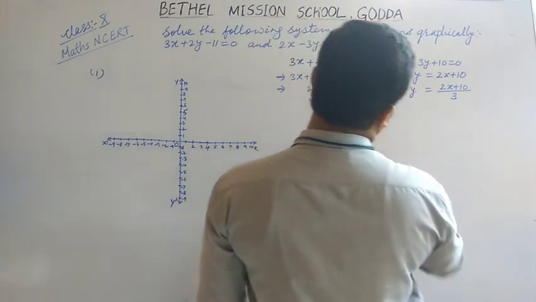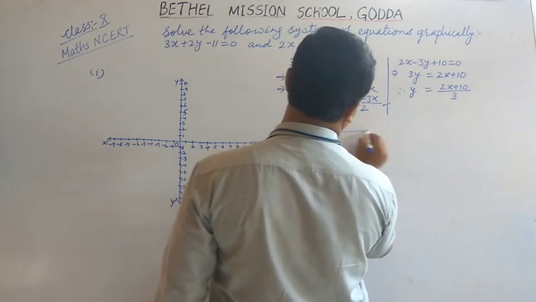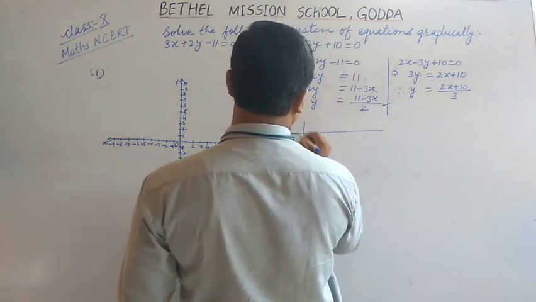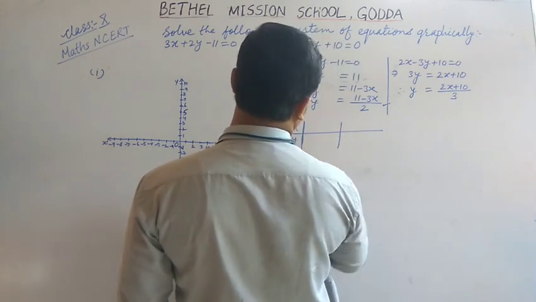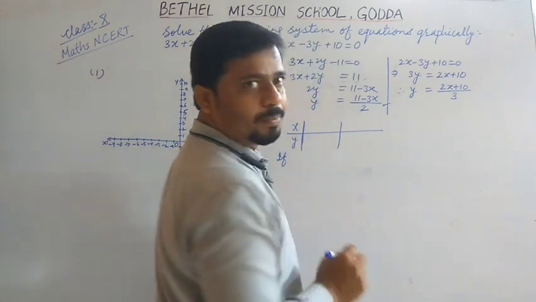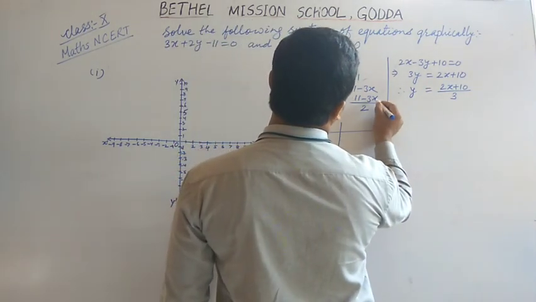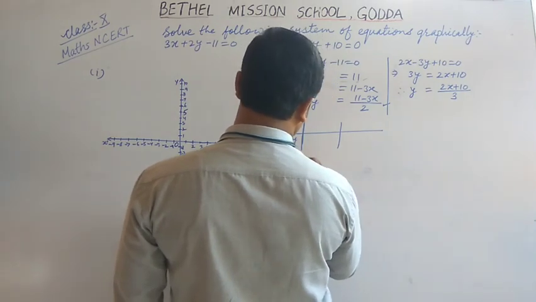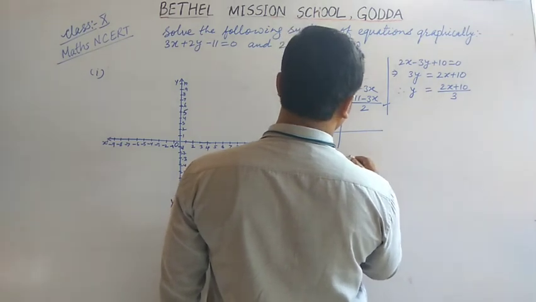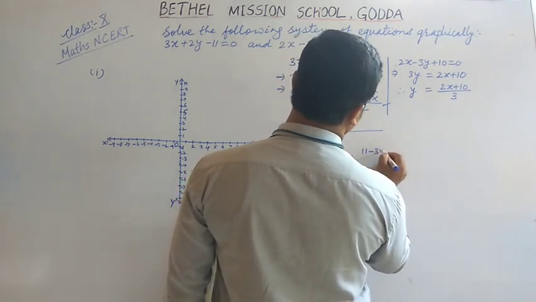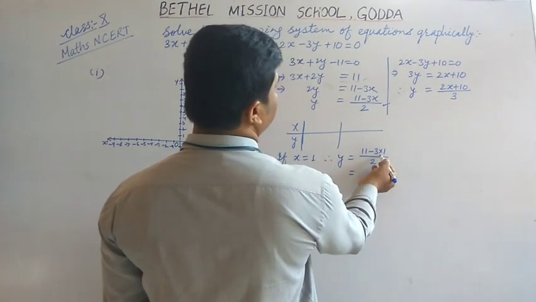For both equations we will choose values of x and find y. So here x, here y, we will find at least two values. If x equal to 1, therefore y equal to (11 minus 3 into 1) upon 2. Then 3 into 1 is 3, 11 minus 3 is 8.